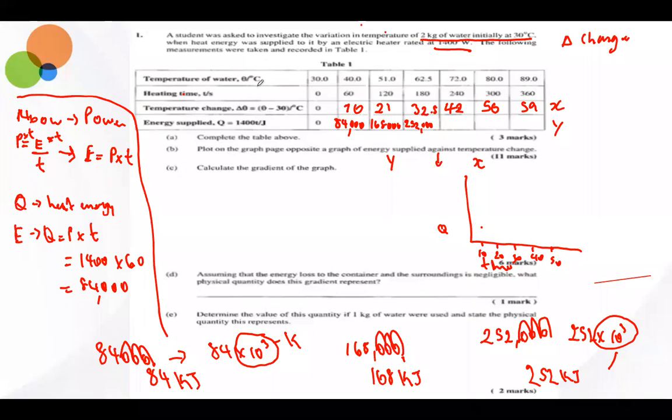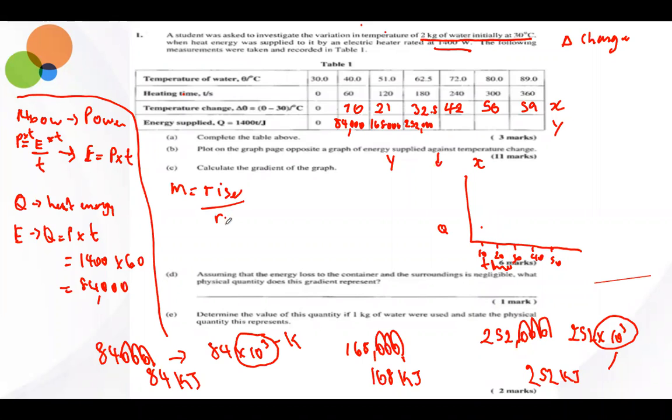Let's settle down. So the gradient M, as Dean was trying to say, and as Devante said, is rise over run, right?